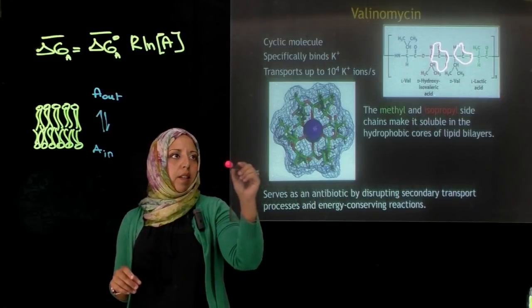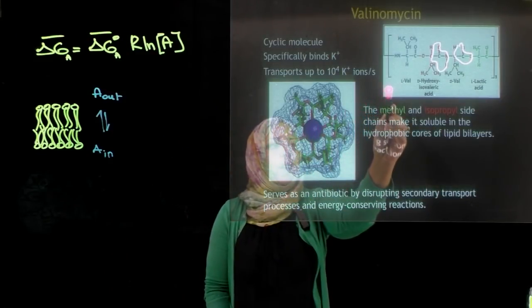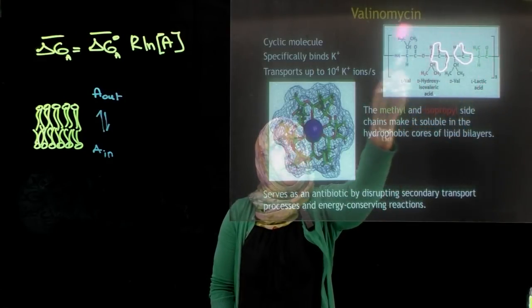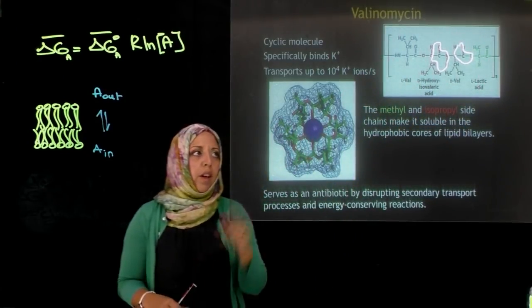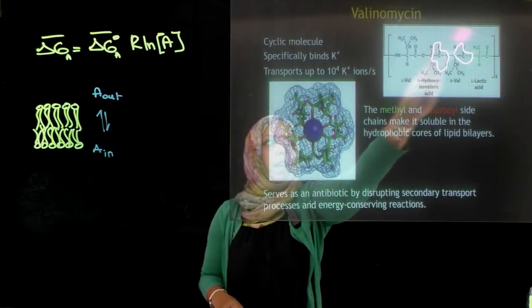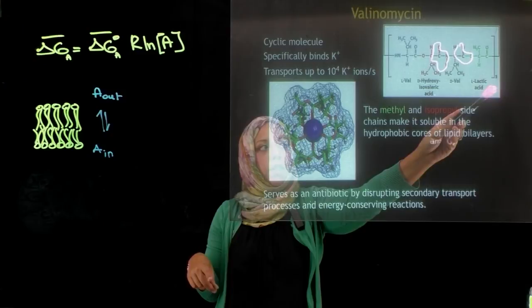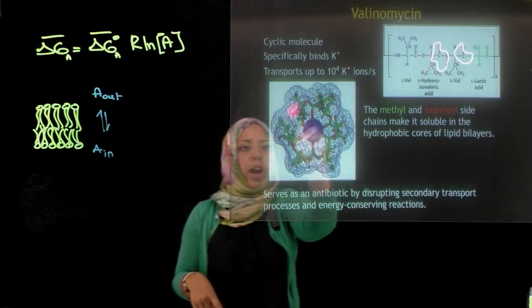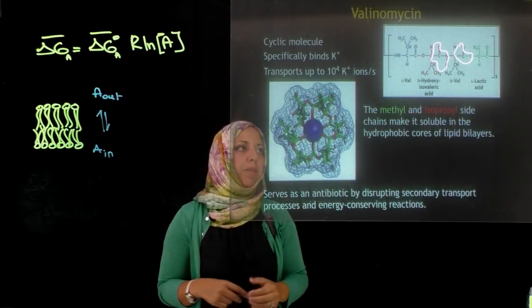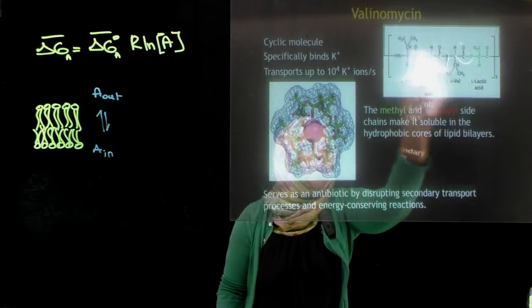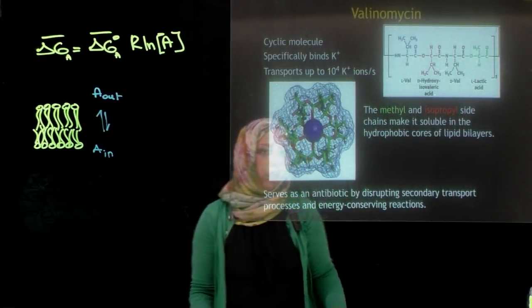It is a cyclic peptide where it has 3 different repeating units of that sequence, and then they're finally connected to one another. That's what this line is indicating. So those 4 repeat 3 different times, and then they're connected, so we have this cyclic molecule. So then it's soluble within the lipid bilayer.